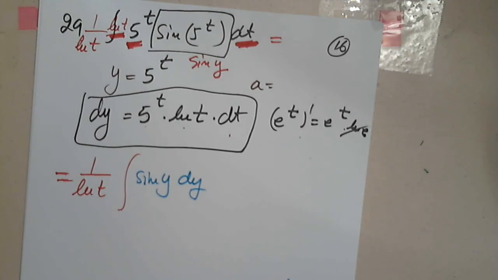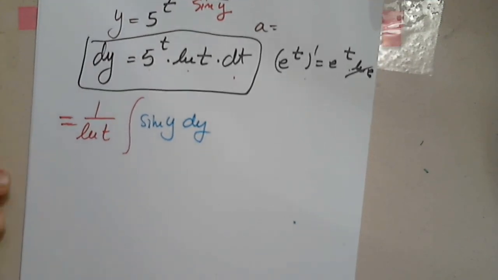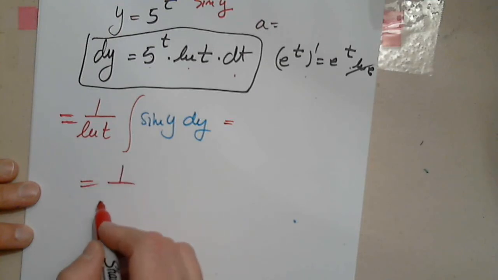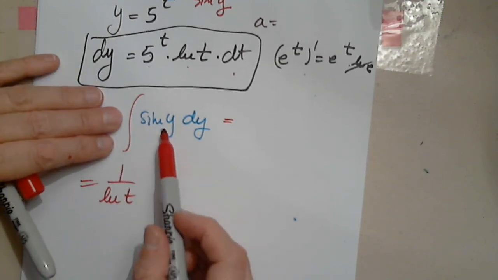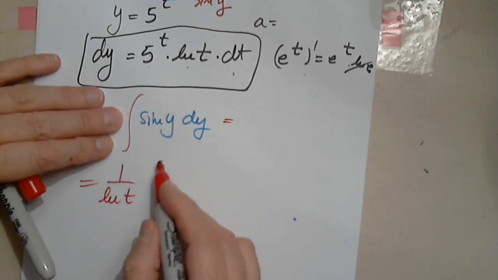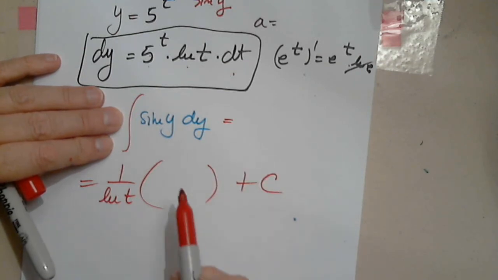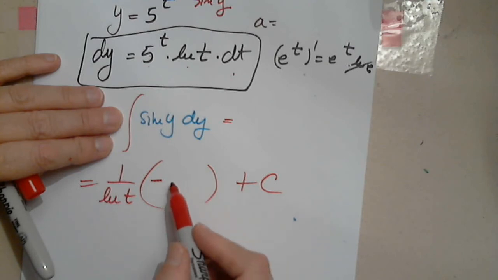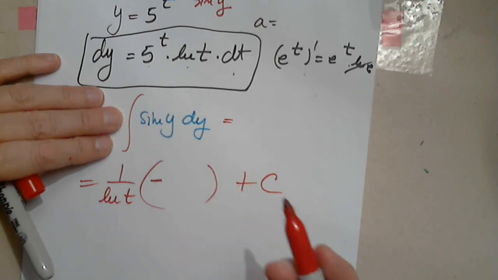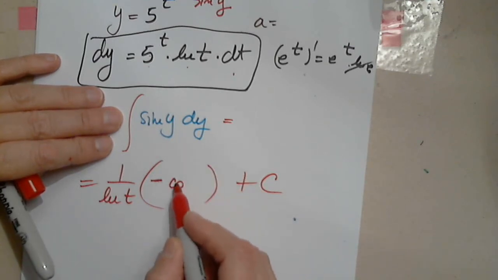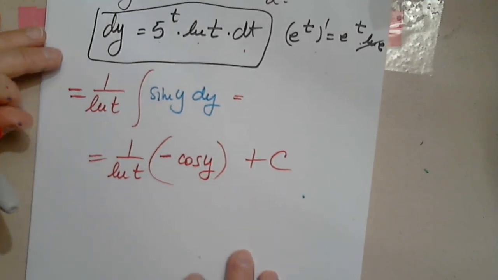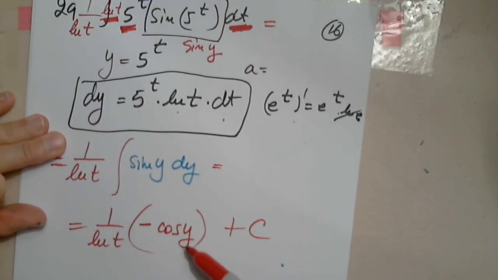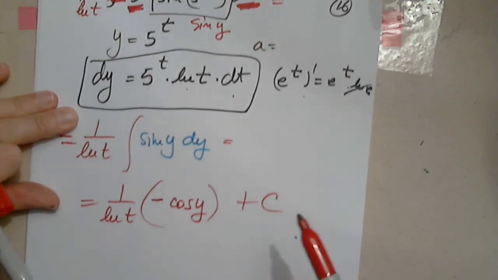Exactly. We're going to go back to t in a moment. So in front I have 1 over natural log t, and then which function has derivative sine y? Negative cosine y. And now we just have to plug it back in. What is y? 5 to the t.